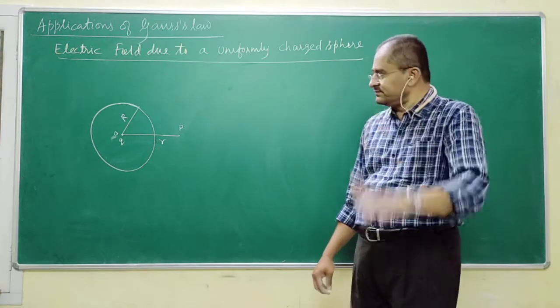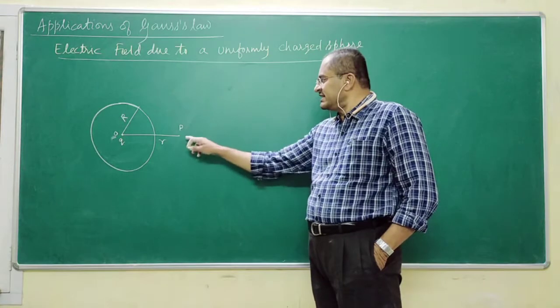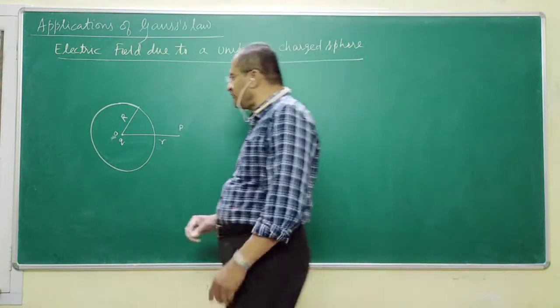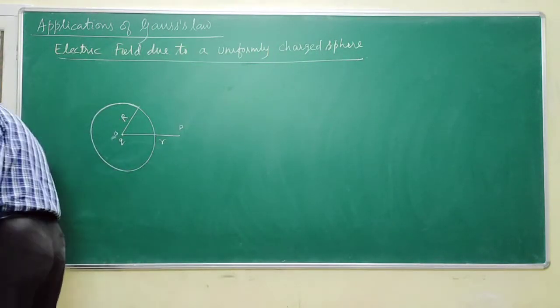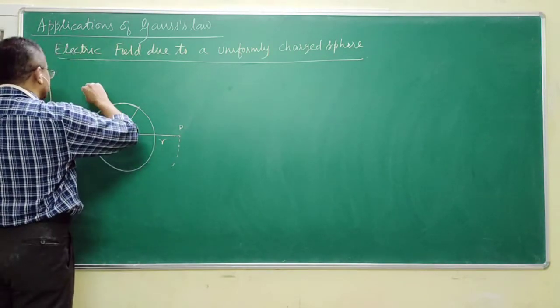Step number 1. To find out electric field intensity at this point P, you have to first construct an imaginary surface, a sphere.